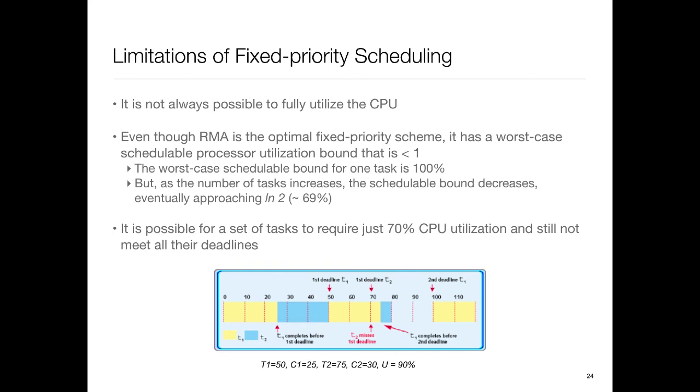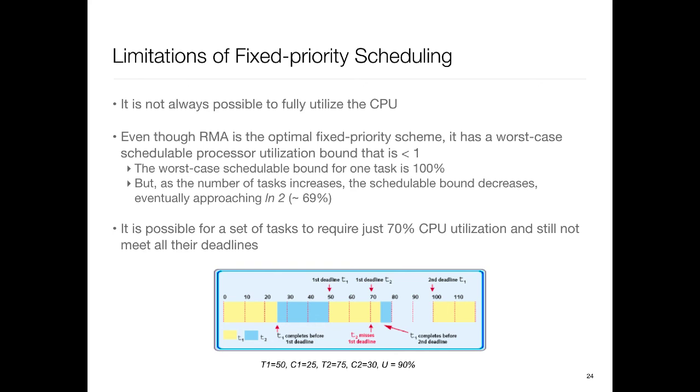But the main thing is, if U is less than that, then rate monotonic will always work. The challenge comes sort of higher than that. So this utilization factor is kind of a good measure of how efficient the scheduling scheme is.